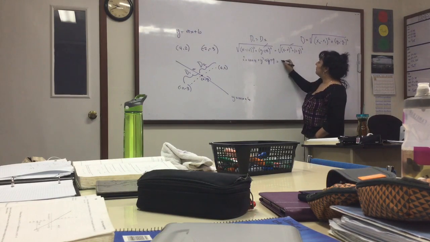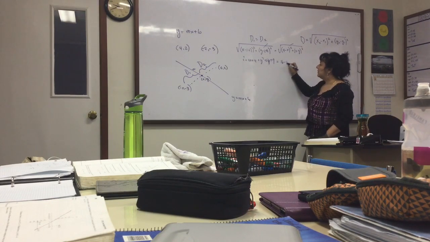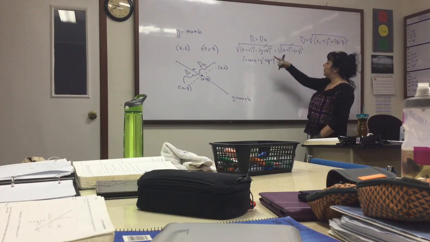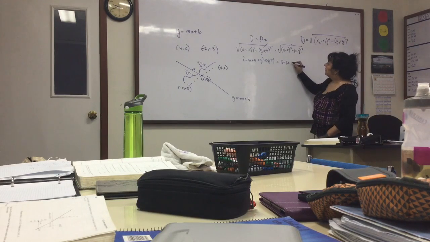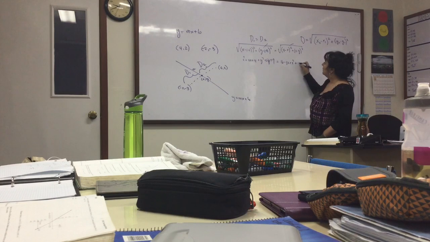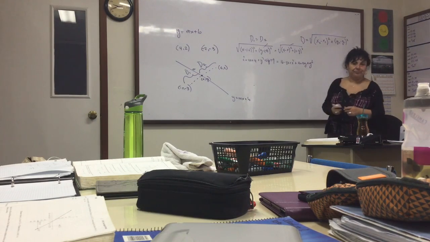On the other side I have 16 minus 8x, and this is where the position is important, plus x squared plus 4 minus 4y plus y squared. Okay, you ready? Yeah.